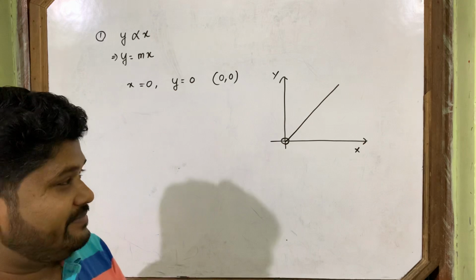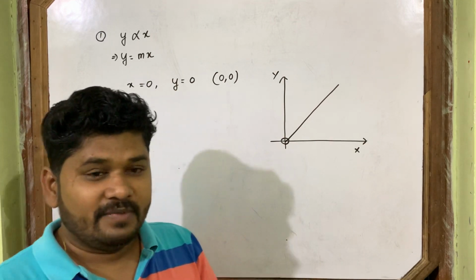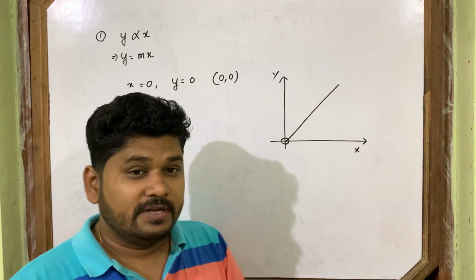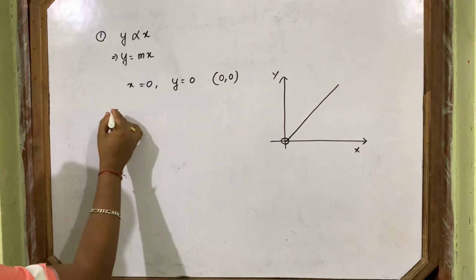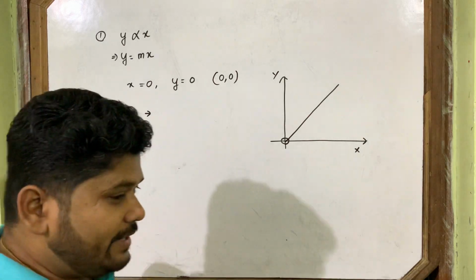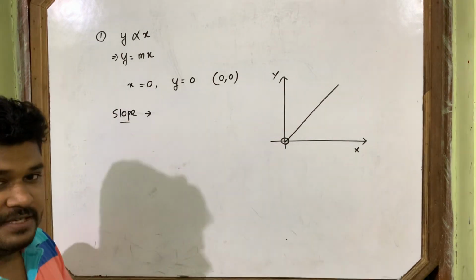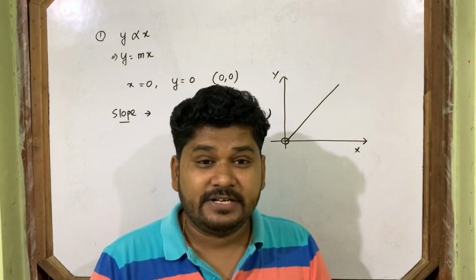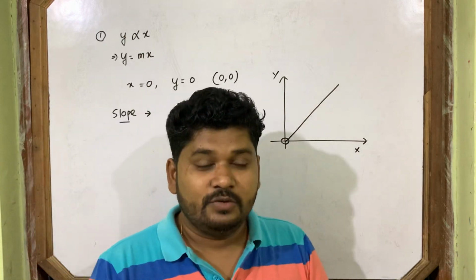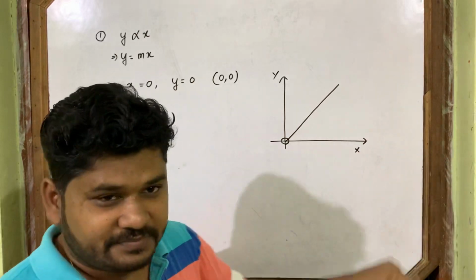But in this graph, I want to give you one important piece of information, that is the slope of the graph. What do you mean by slope? Its definition is the tangent of the angle made by the line with the positive x-axis, towards this side.